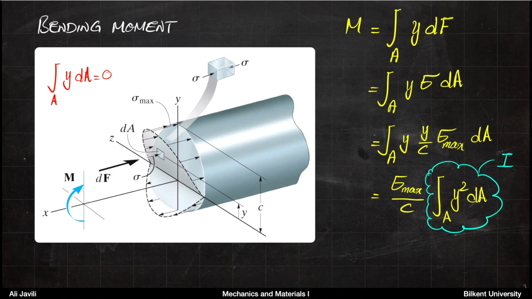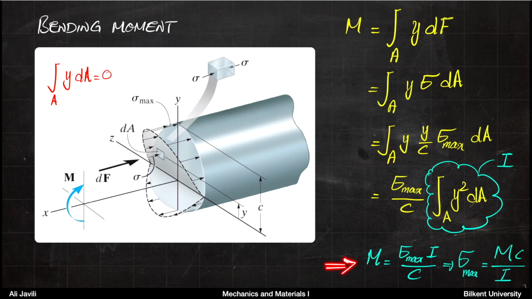We call that the moment of inertia I, and by defining the moment of inertia I, you would have your relation for bending moment: m equals maximum stress times I divided by c. Or otherwise, if you reorder the terms, sigma max is m times c divided by the moment of inertia I.